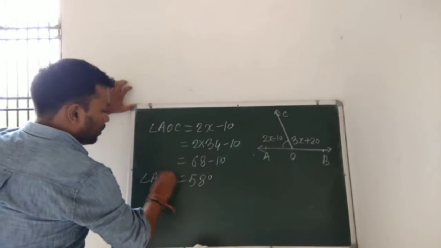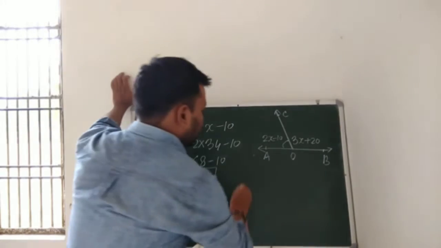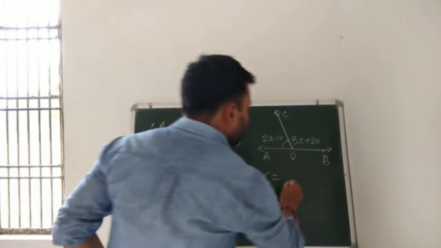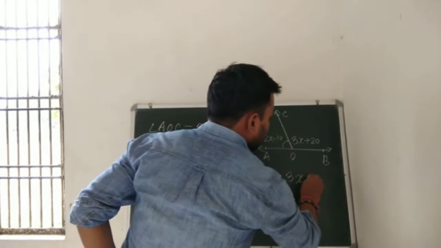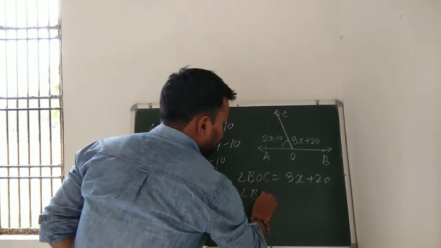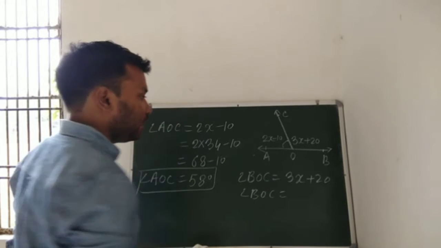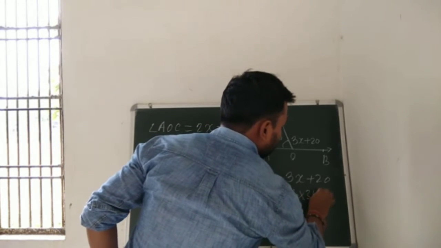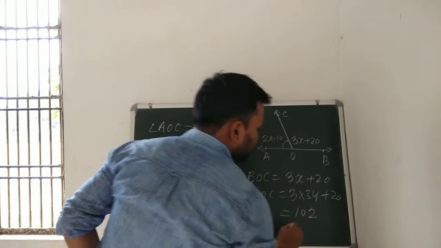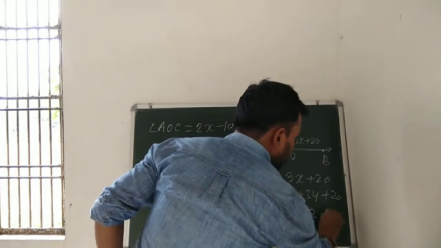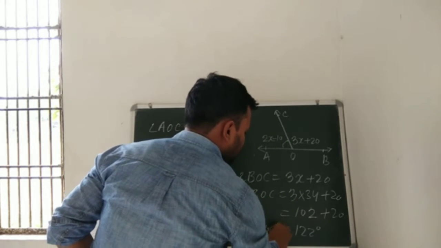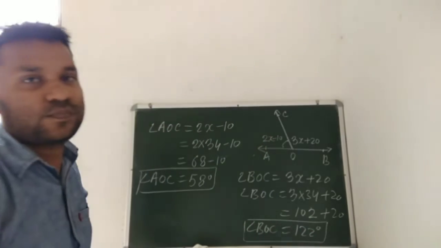This is the measure of angle AOC, and the other angle is angle BOC. The value given in the question for angle BOC is 3x plus 20. We will put the value of x here again. The value of x is 34, and it will become 102 plus 20, that is 122 degrees. That is, angle BOC is equal to 122 degrees.